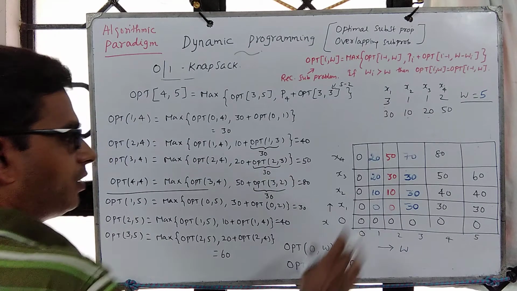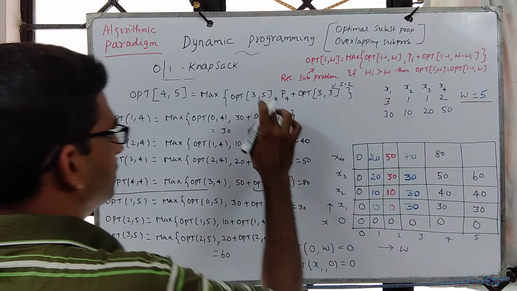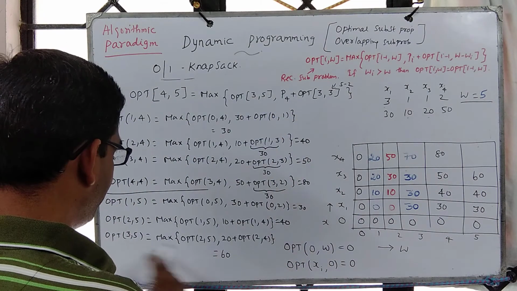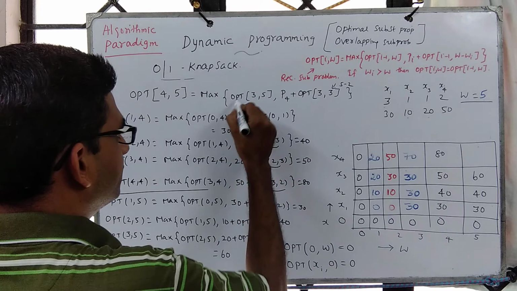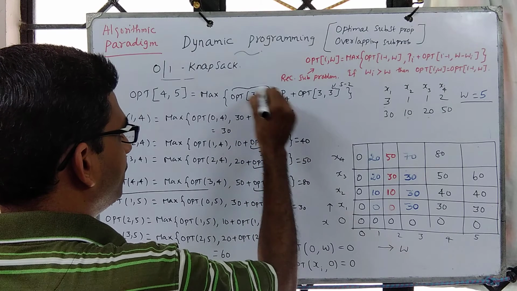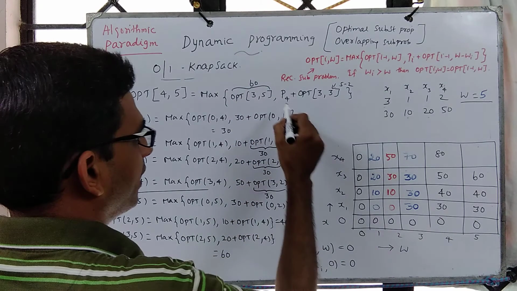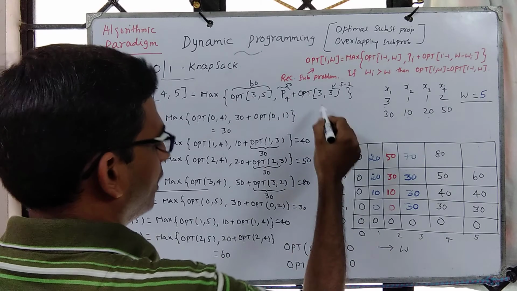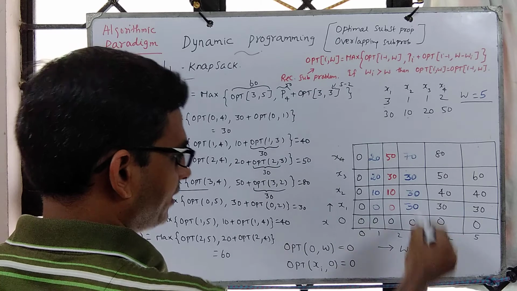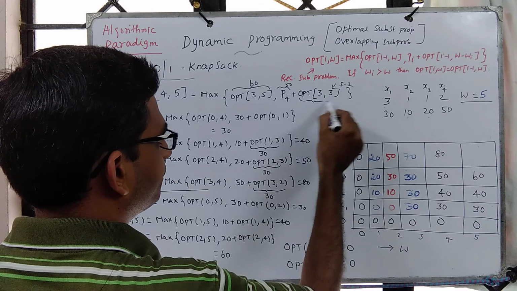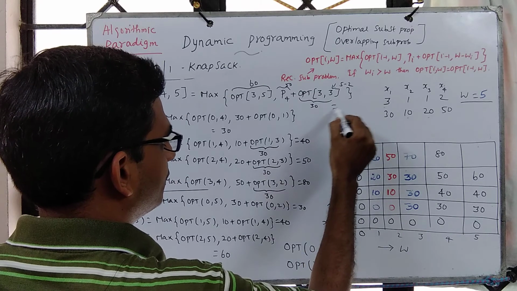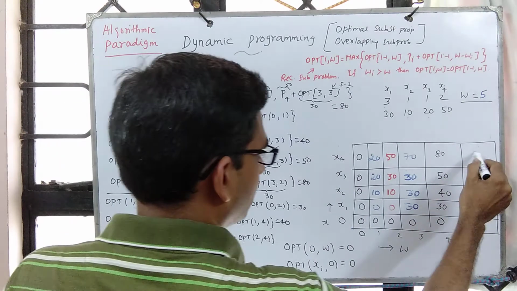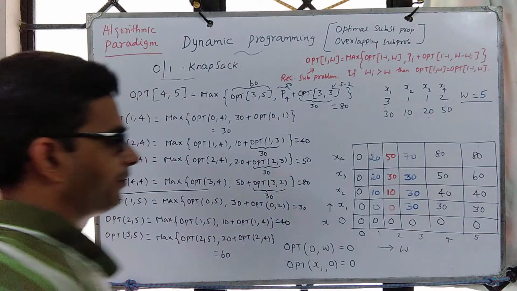Now that we have all of them, you can just substitute here. So opt of 3 comma 5 is 60. So this value is 60 and this value is 50 and opt of 3 comma 3 is 30. So which means this value is 80.